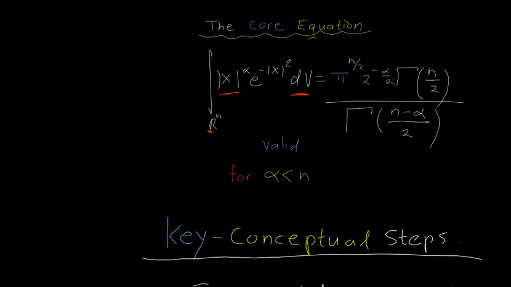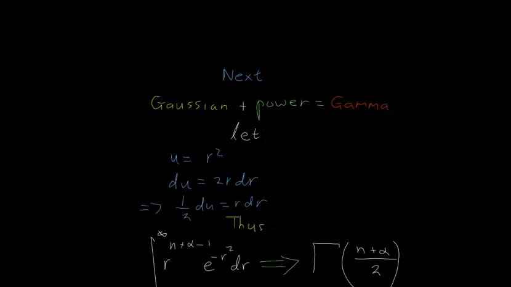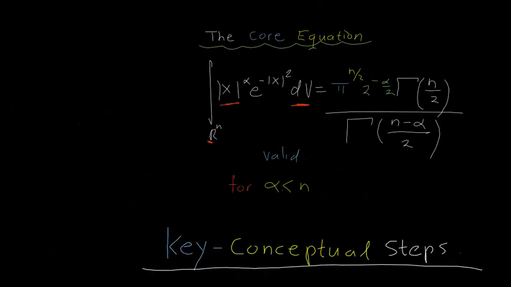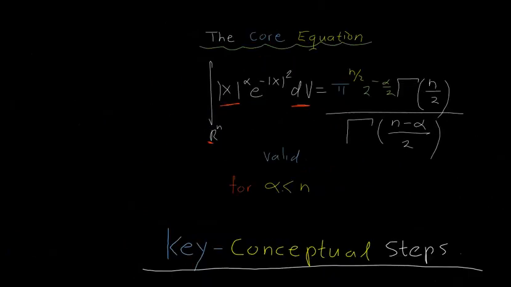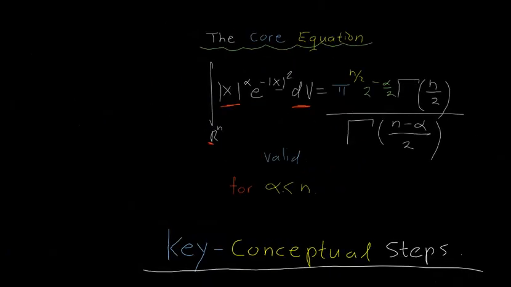So let's go to the next section here. Same section, but next page, sorry. So next we're going to look at noticing that the Gaussian plus the power equals gamma. That's my way of breaking this down. Again, we have a Gaussian integral. We know it's a Gaussian integral because it's e to the negative x squared of some sort, the bell curve.